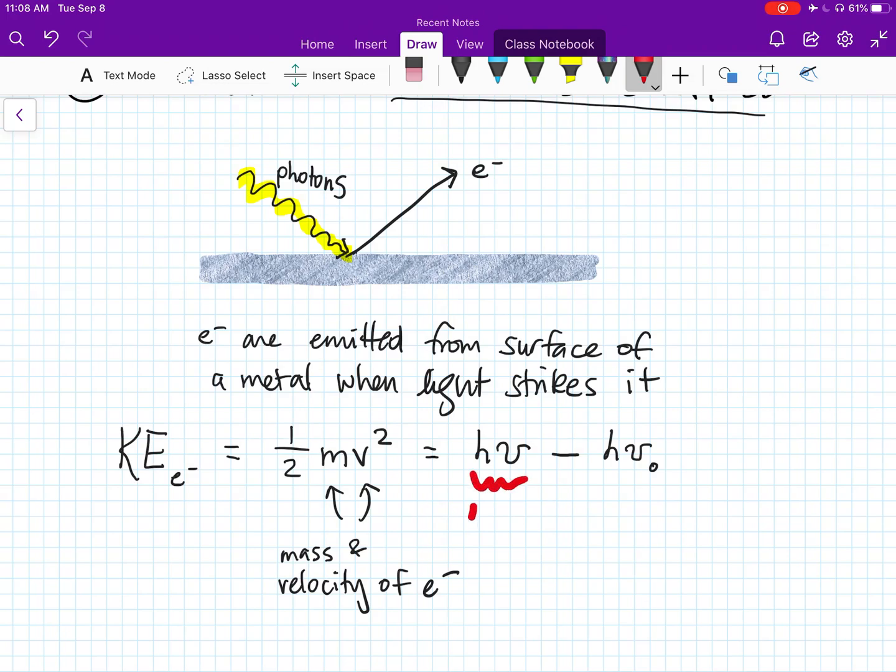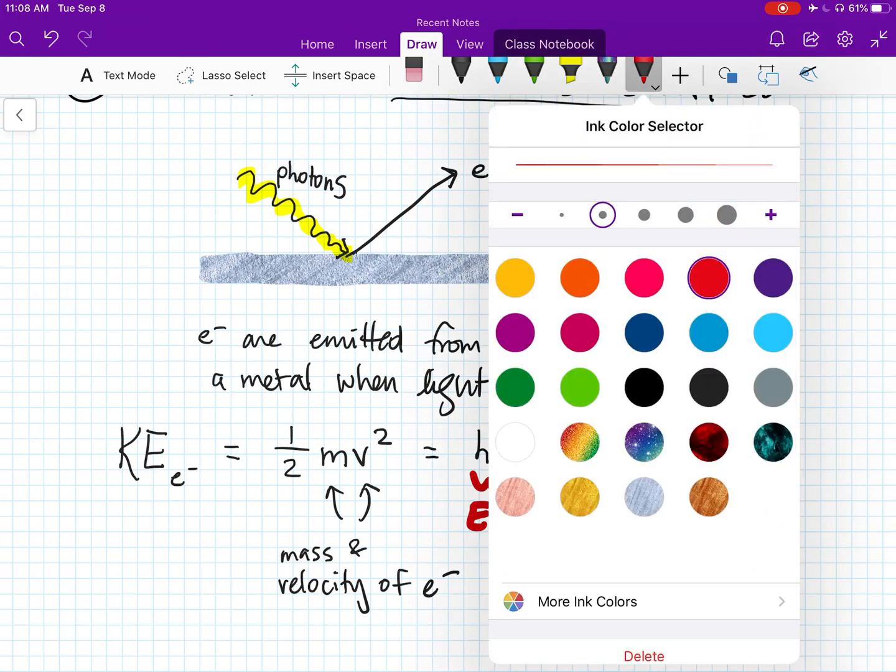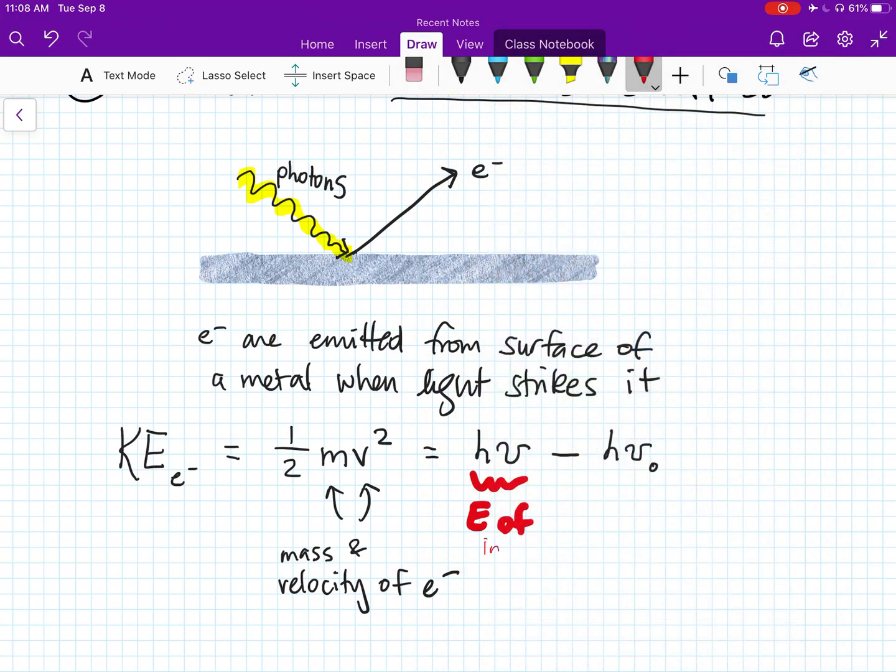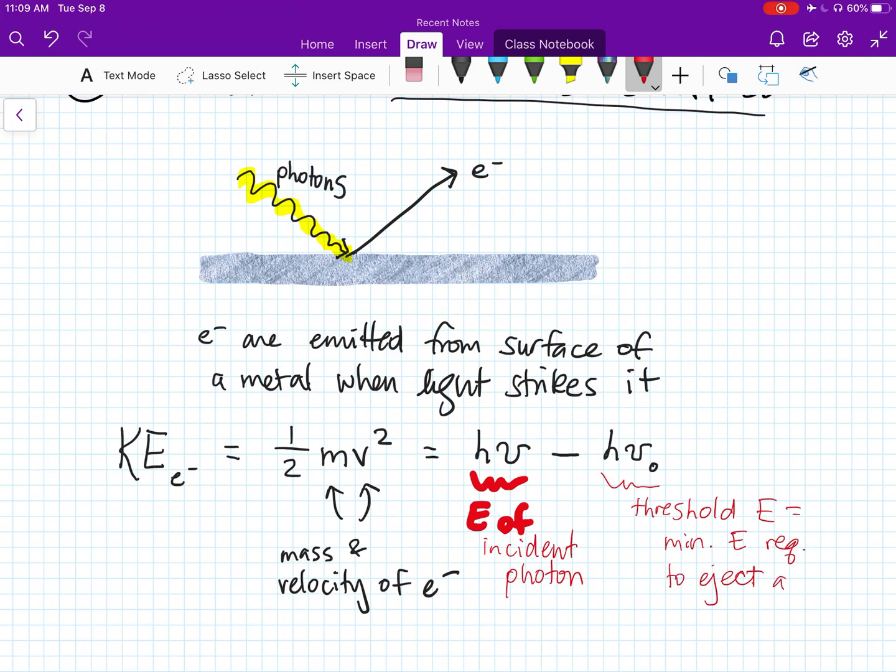This is the energy of the incident photons, the particle of light that strikes the surface of the metal. The second term here is the threshold energy, the minimum amount of energy required to eject an electron.